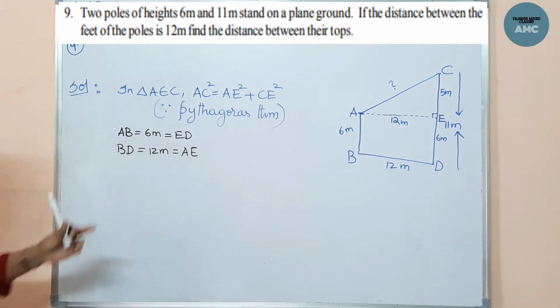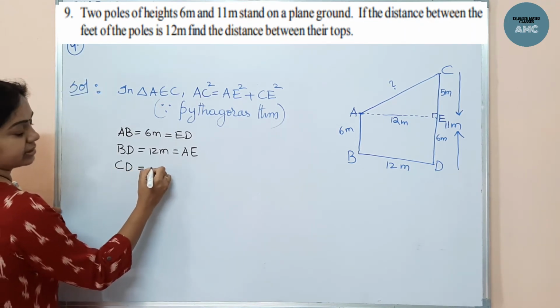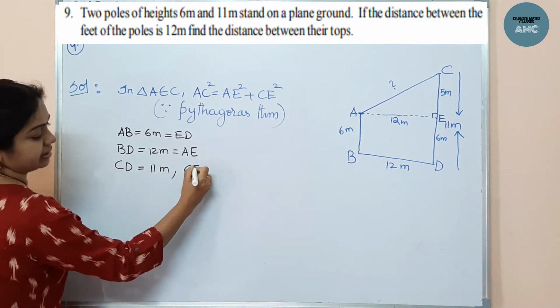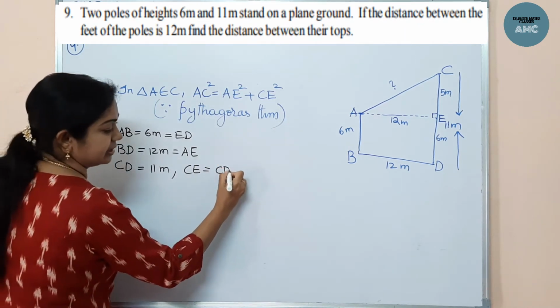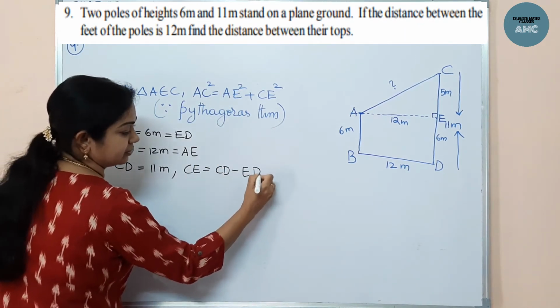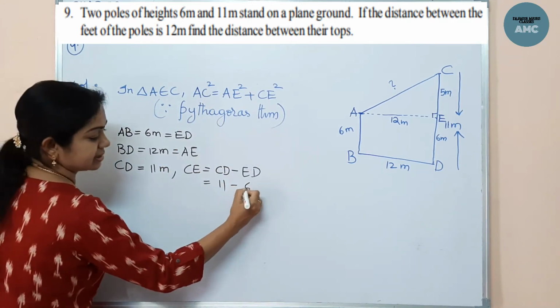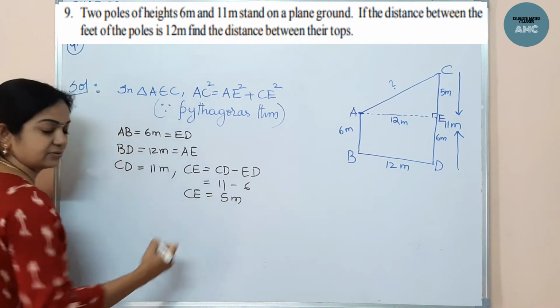And also we know that CD is a pole, CD is 11 meters given. And CE, how did I get 5 meters? CE is CD minus ED. CD is 11 meters minus 6, so that is 5 meters. So CE is 5 meters.